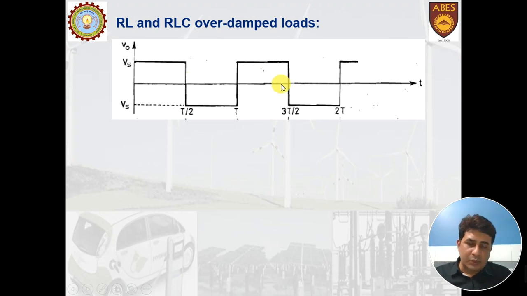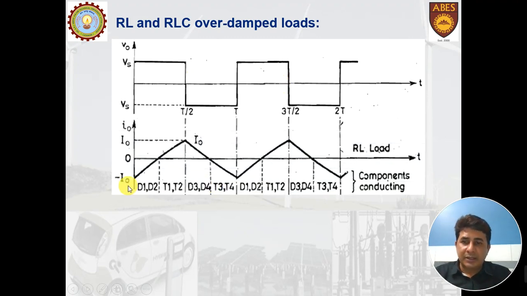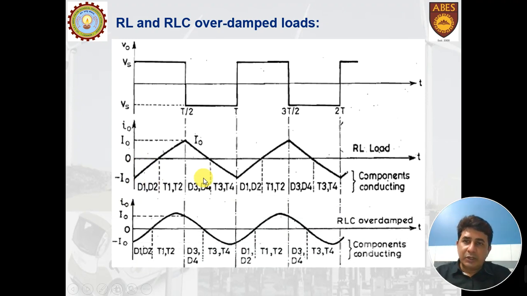So for the same voltage waveform, if the load is RL, the current will be delayed by this angle, and during the time for which the current is delayed, the diodes D1 and D2 will conduct. Now if the load is RLC overdamped, the inductive reactance is more than the capacitive reactance, so the current is lagging in this case as well.